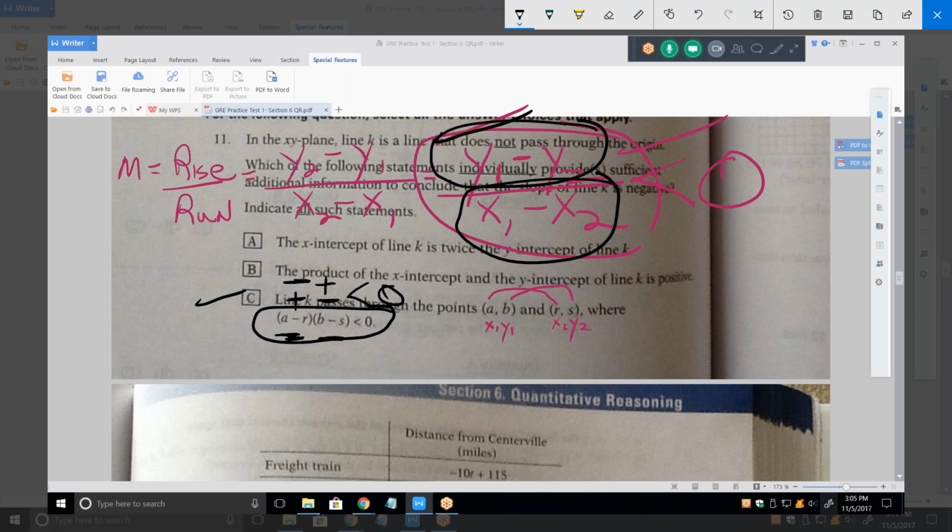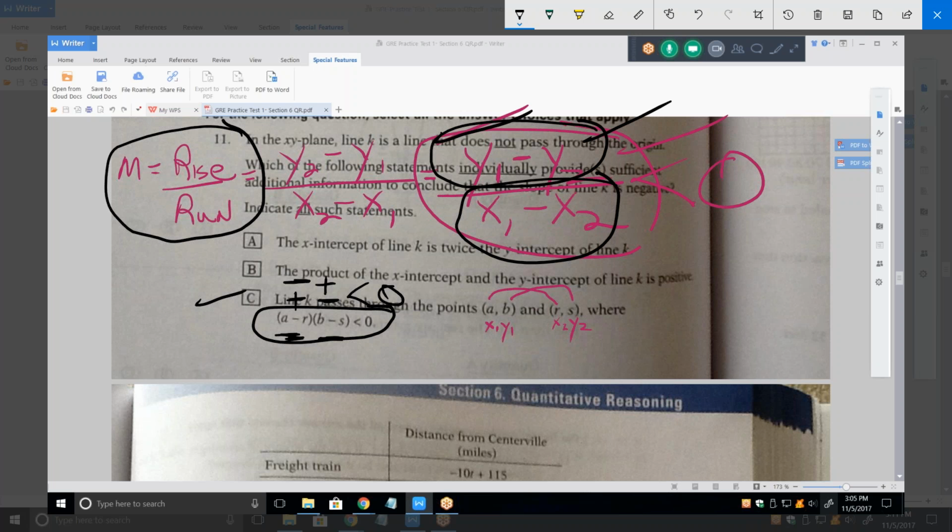No, no. Very important. This is what slope is. Rise over run. That translates to this: y sub 1 minus y sub 2, y differences, divided by the x differences. Now, for a slope to be negative, the y differences have to be the opposite sign of the x differences.